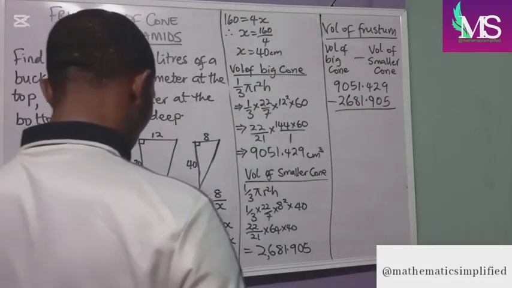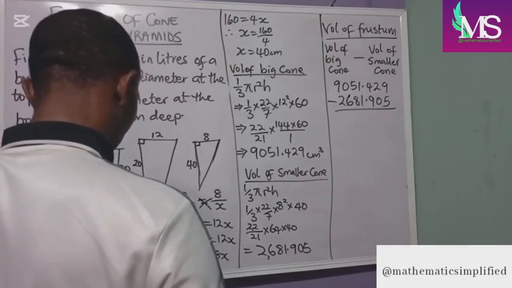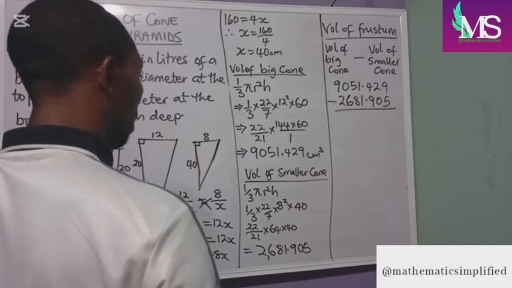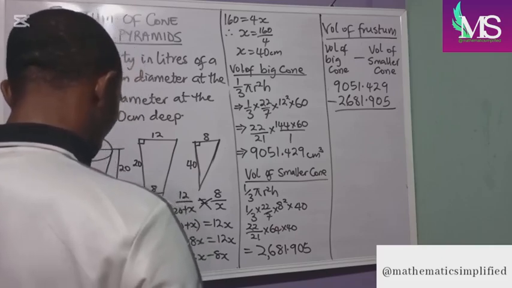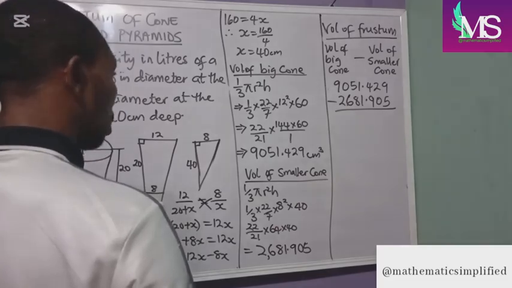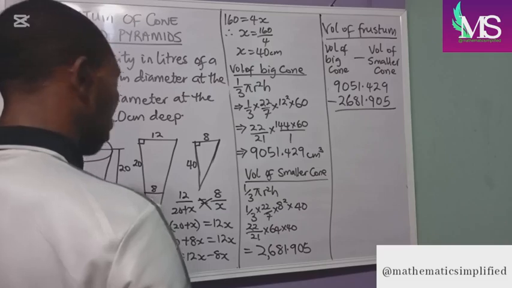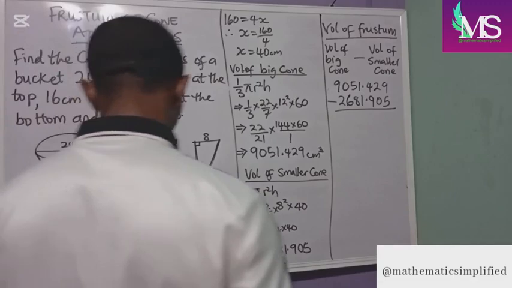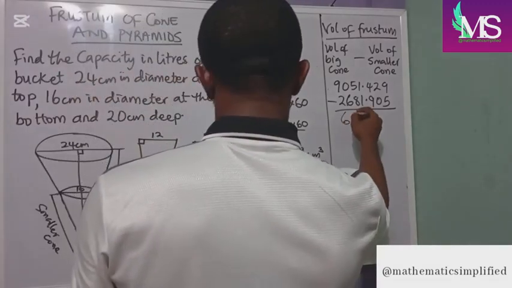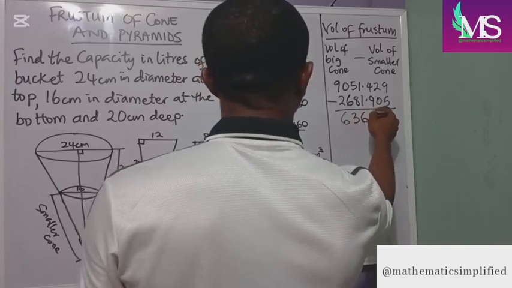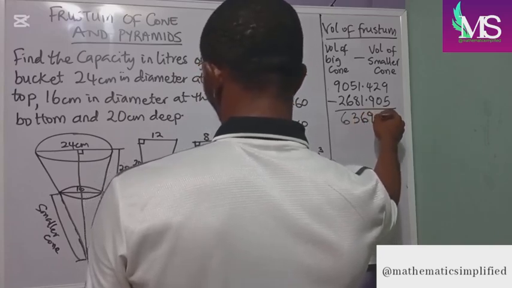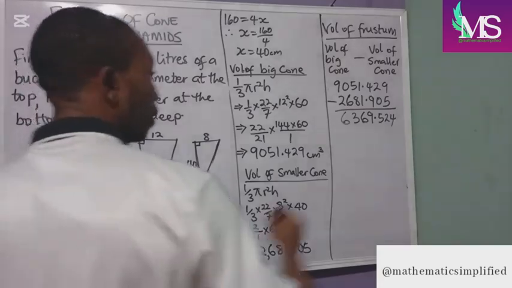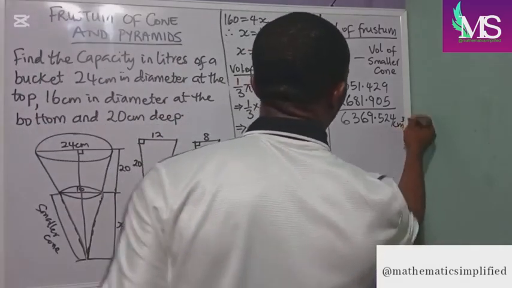Okay, so this will become 9051.429 minus 2681.905. That will give us 6369.524. Alright, now that's our volume in cm cube.